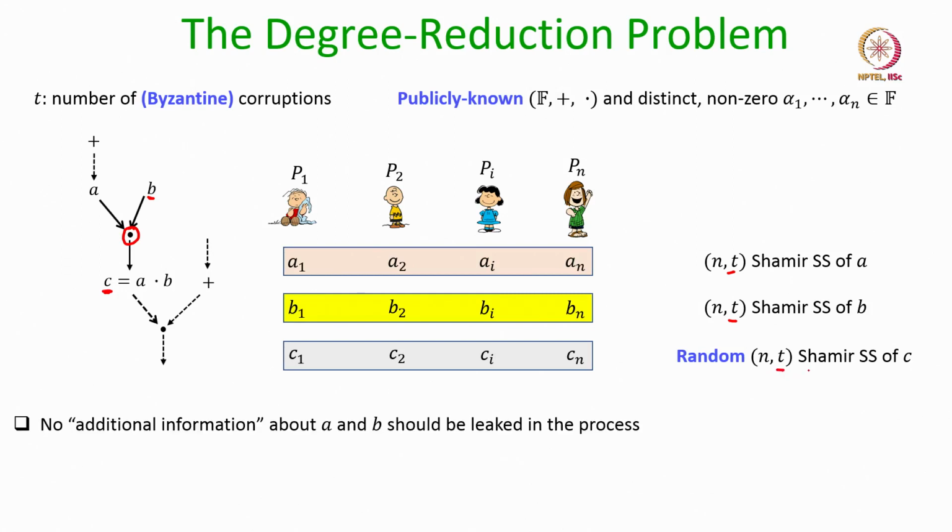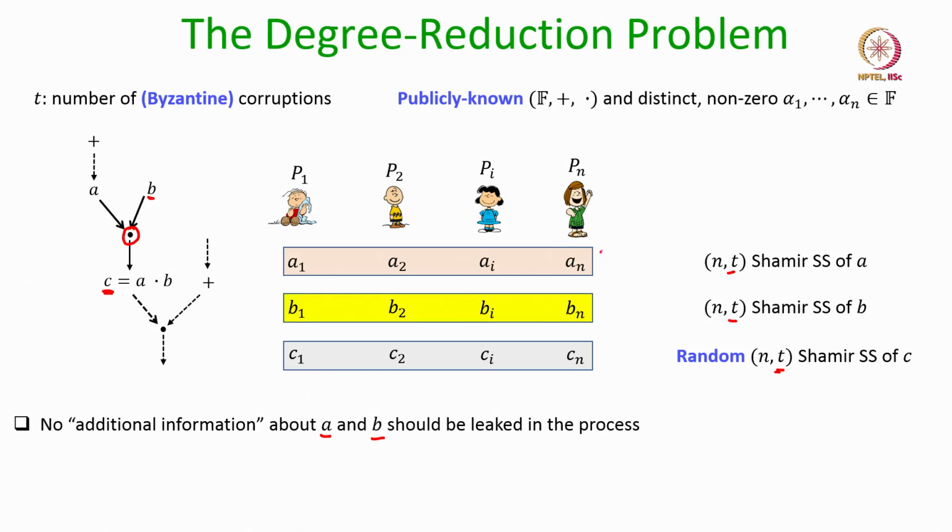And whatever mechanism we use here to get this random secret sharing of C, it should not release any additional information about the gate inputs A and B. From the viewpoint of the adversary, it will know that the output of this multiplication gate is equal to the product of the gate inputs, and it will have only t shares for the gate output which are randomly distributed over the underlying field.